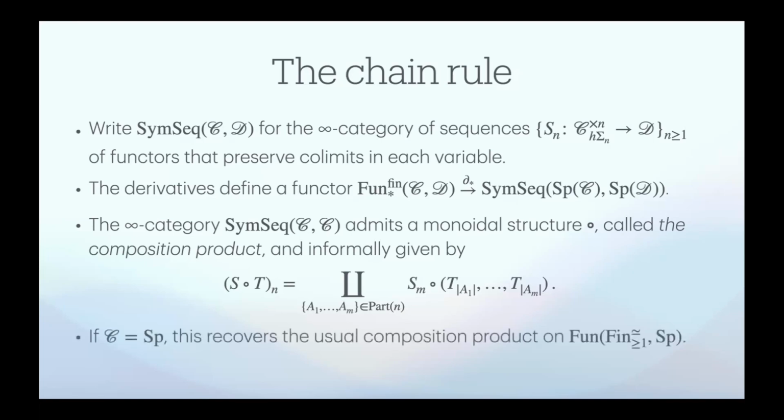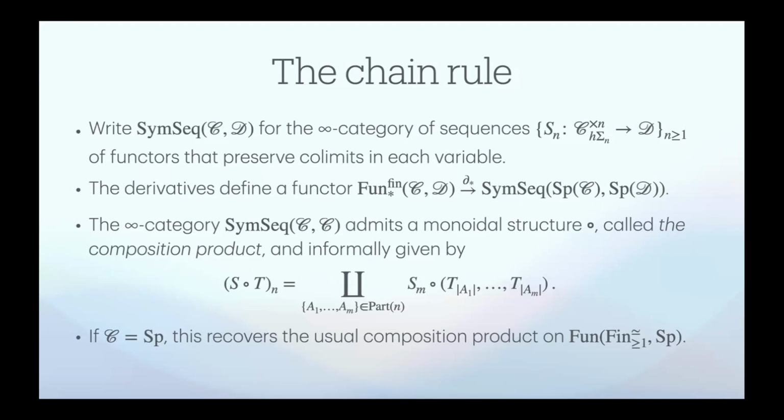For those who are familiar with the theory of operads and the usual symmetric sequences, if for C one takes the category of spectra, then such a functor symmetric sequence, you can evaluate it on spheres and it's completely determined by this. So in this case, you will just get the usual category of symmetric sequences in spectra, where you don't have anything in degree 0. And it turns out that this is exactly the usual composition product.